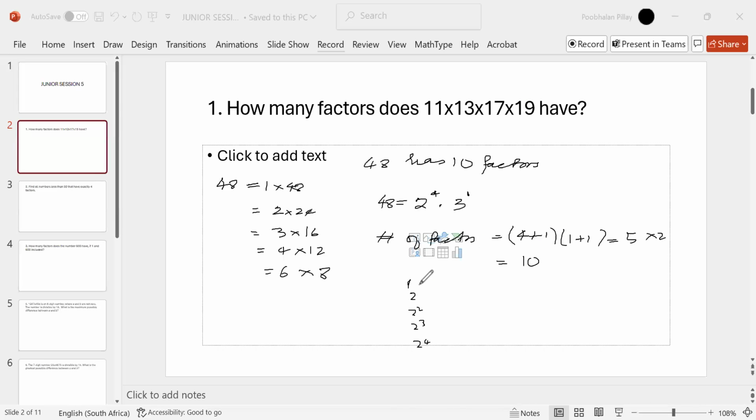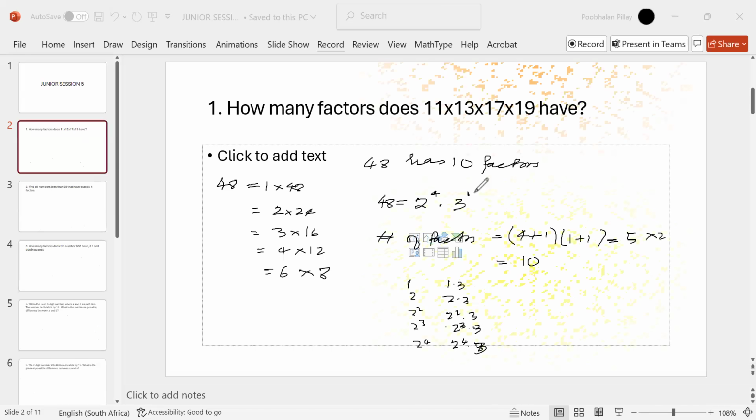And this can be matched with 1 times 3, 2 times 3, 2 squared times 3, 2 cubed times 3, and 2 to the 4th times 3. So these give you all the factors. If I had 3 squared here, then I'd have to put 1 times 3 squared, 2 times 3 squared, 2 squared times 3 squared, and so on. And there it is, you got your 10 factors.